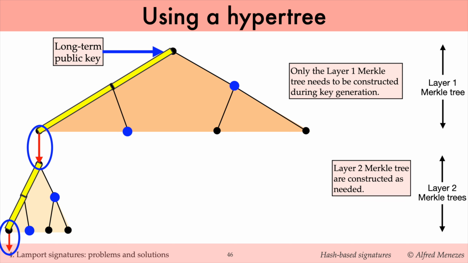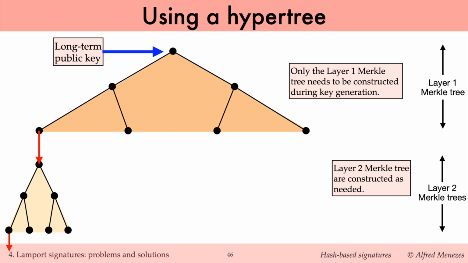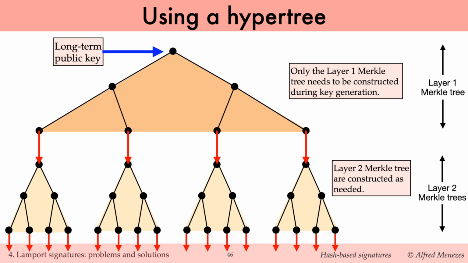A verifier can use these values to confirm the authenticity of the OTS public keys involved. Alice repeats this process for signing the second, third, and fourth messages. The fifth message triggers the creation of the second layer 2 Merkle tree. The Winternitz OTS keys are used sequentially, with layer 2 Merkle trees built as needed.